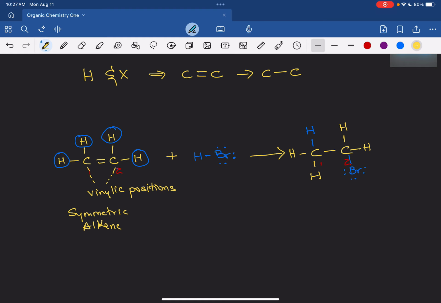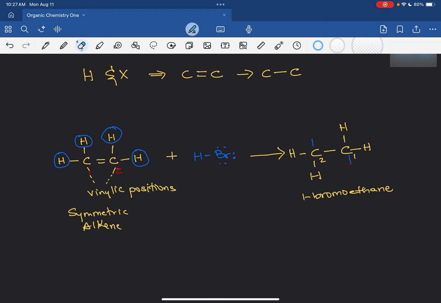The name of this molecule is going to be, and I have to renumber for naming, so let's take out the numbers here. If I'm going to name it, and you should remember this because I know you're now a pro at naming, it's going to be 1-bromoethane. Now let's say I did the reverse and I put bromine on this carbon.